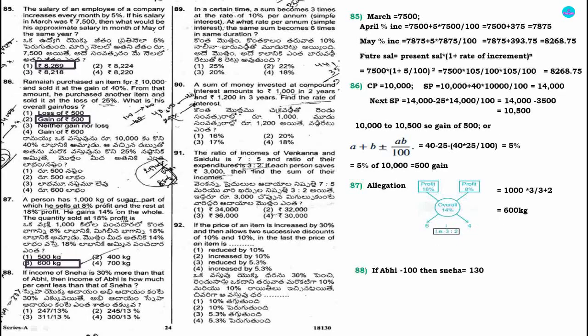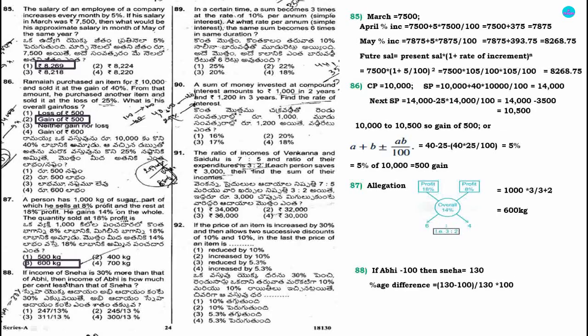Now next one, 88. If income of Sneha is 30% more than that of Abhi, then income of Abhi is how much percent less than that of Sneha? So what they are asking: income of Sneha is 30% more than Abhi. If Abhi is 100, then what will be Sneha's income? 130, because 30% more. So we are taking Abhi as 100, Sneha's will be 130.